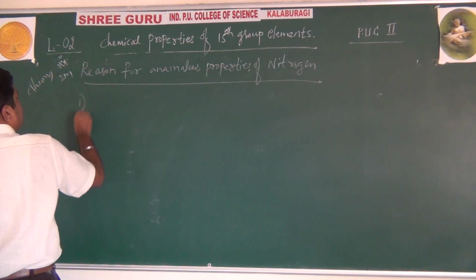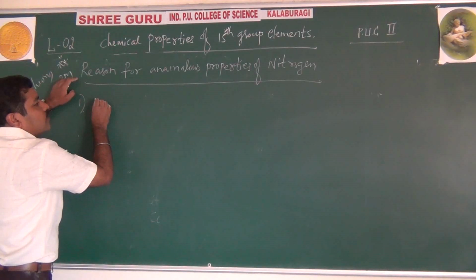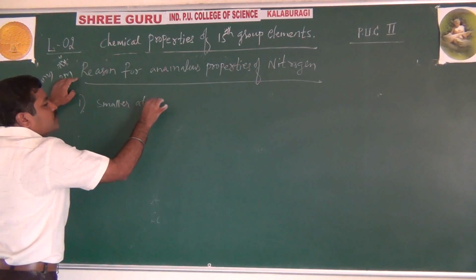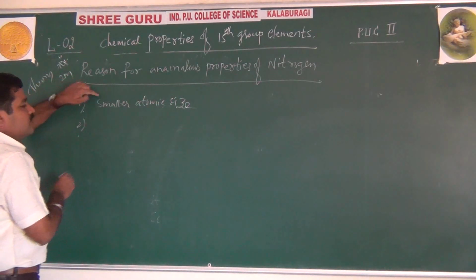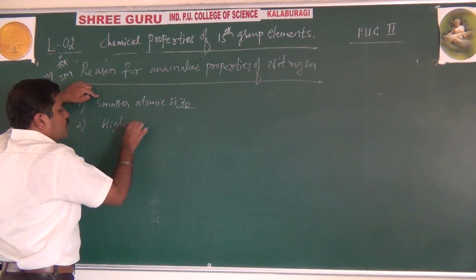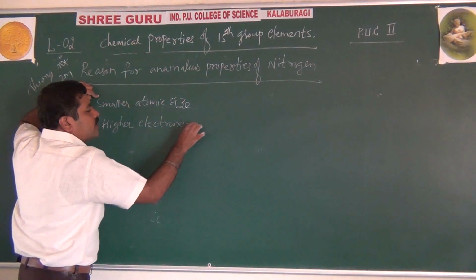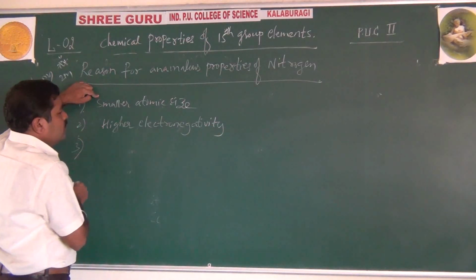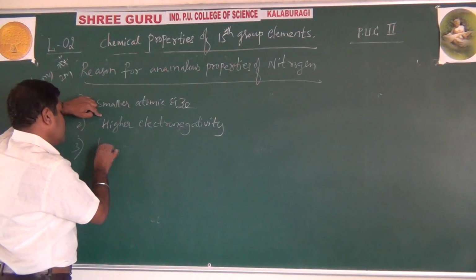Okay, the reason is nitrogen differs from the rest of the elements because of 4 reasons. First one, due to smaller atomic size. Simple, students, you write like this only. Second, due to smaller atomic size, higher electronegativity. Then third, due to higher electronegativity, high ionization energy.